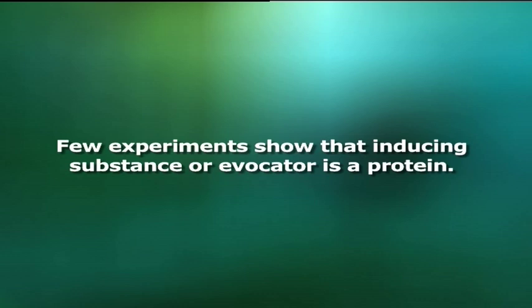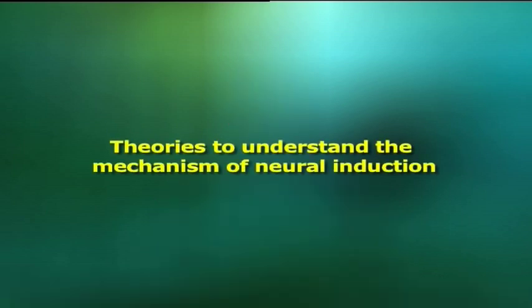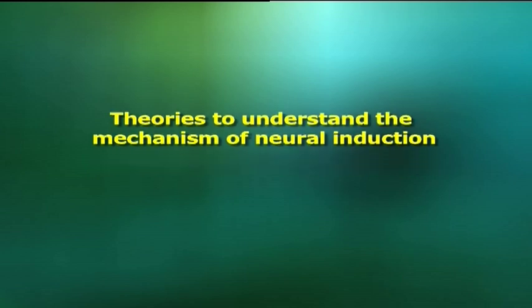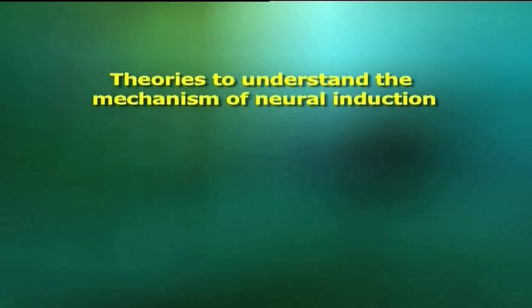Few experiments show that inducing substance or evocator is a protein. Exhaustive attempts were made by different embryologists to understand the real mechanism of neural induction. Some theories have been put forward to understand the mechanism of neural induction, out of which the most important are discussed here.